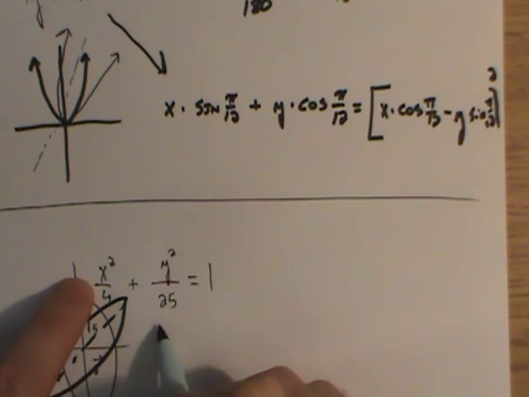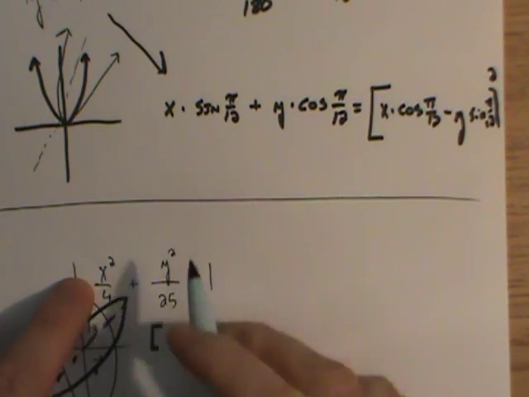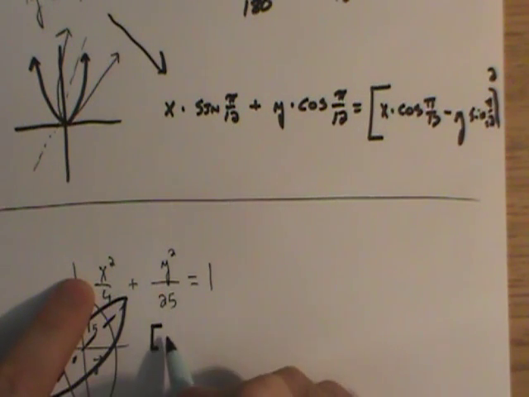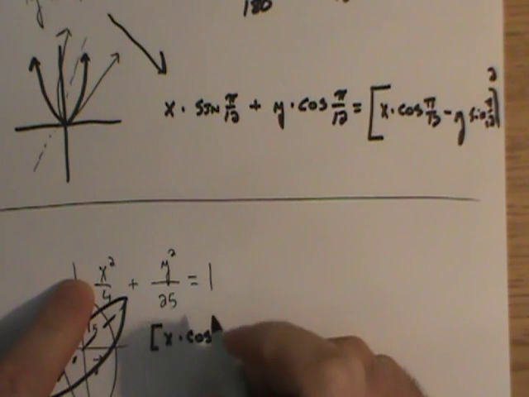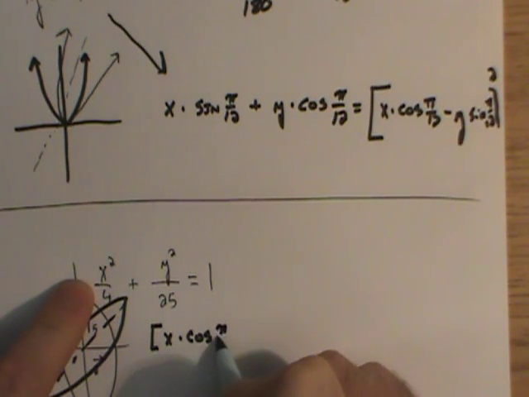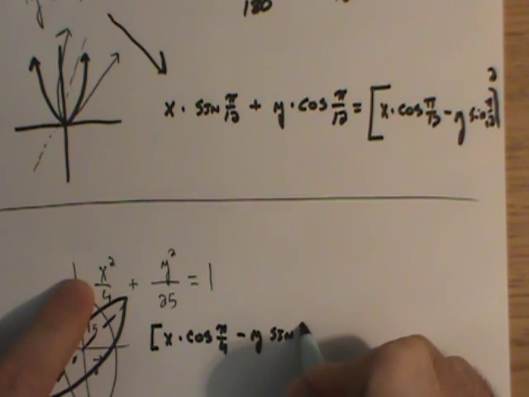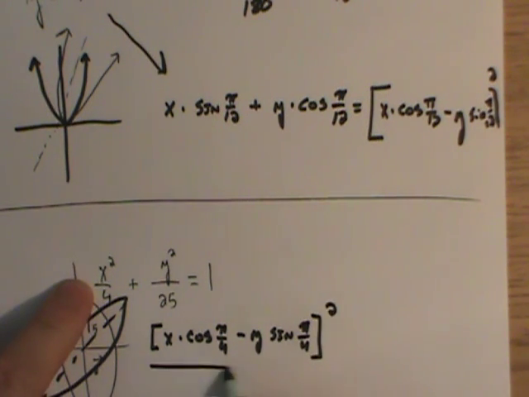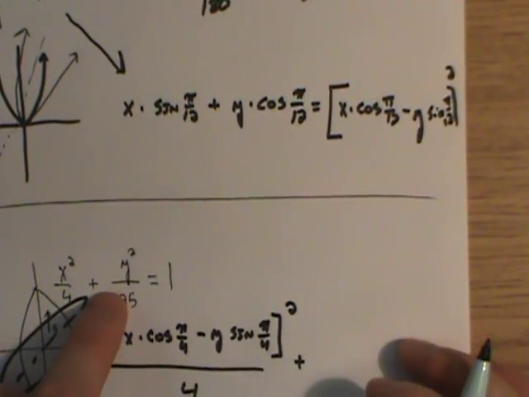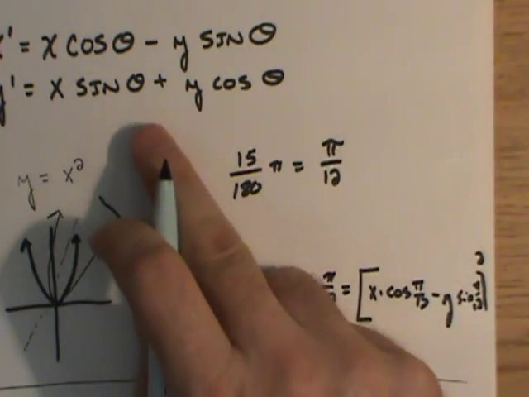Again, how I do that, I just put a parenthesis here. I'm going to replace the x with x times cosine pi over 4. Pi over 4 is 45 degrees. Minus y sine pi over 4. Square it, divide it by 4, and then in the very same way, I replace that y with this formula right up here.